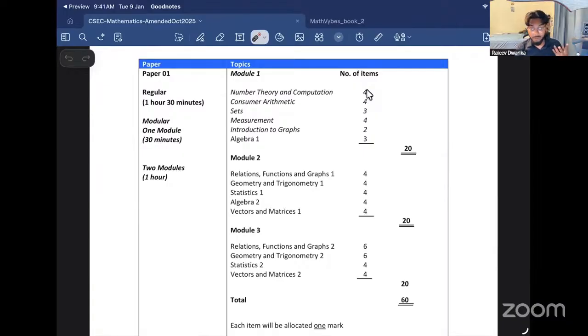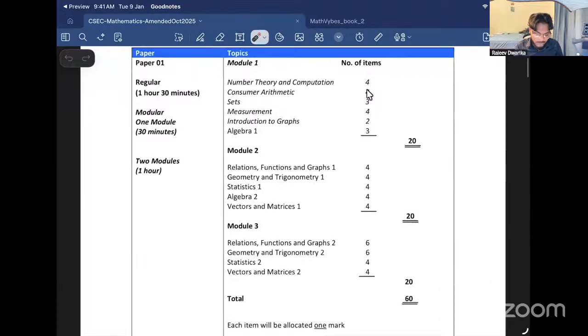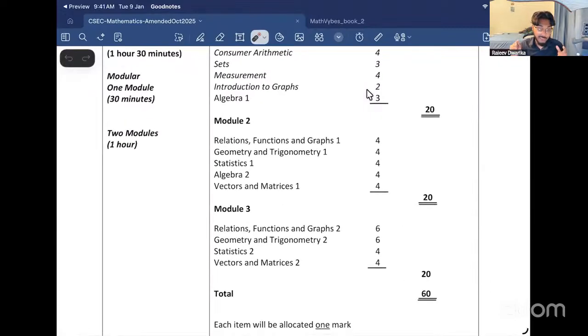But now you might see an algebra 1 question in more than one place. You might see a geometry and trigonometry question in more than one place. Same thing for vectors and matrices. So it's going to be a bit different. And in module 3, we have relations, functions, and graphs 2, geometry and trigonometry 2, statistics 2, vectors and matrices 2.